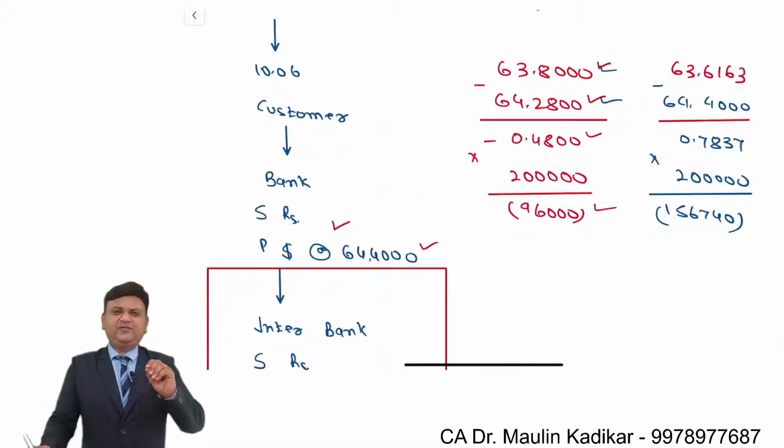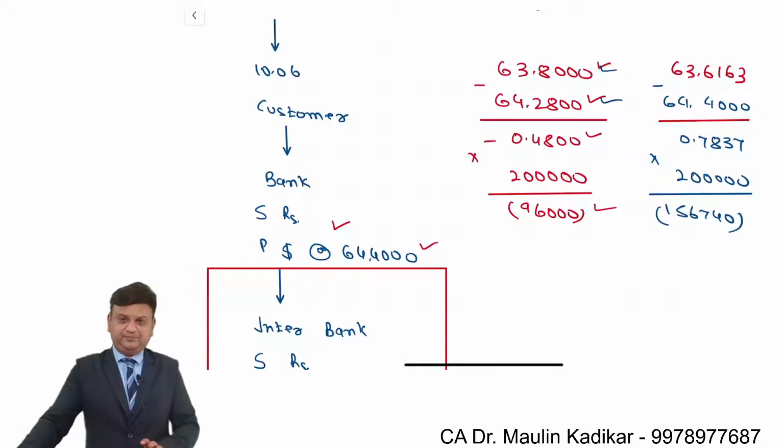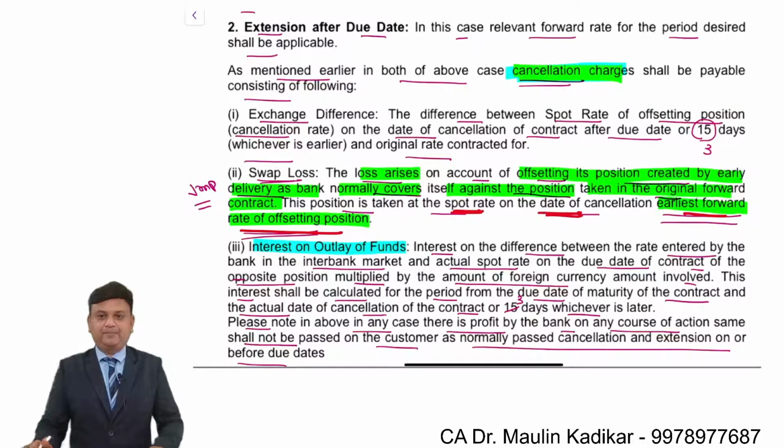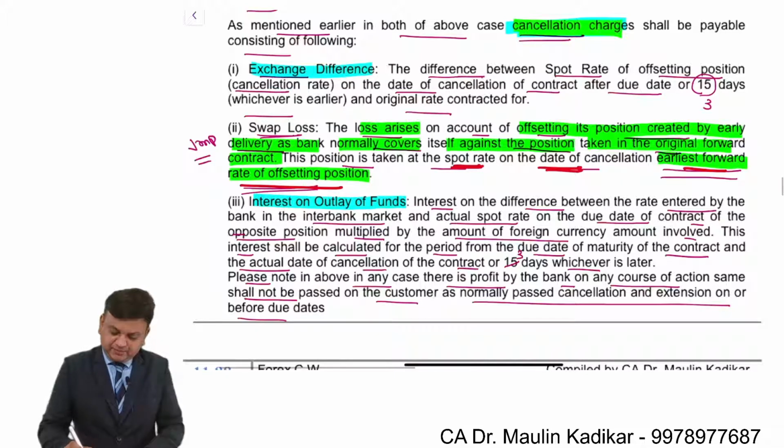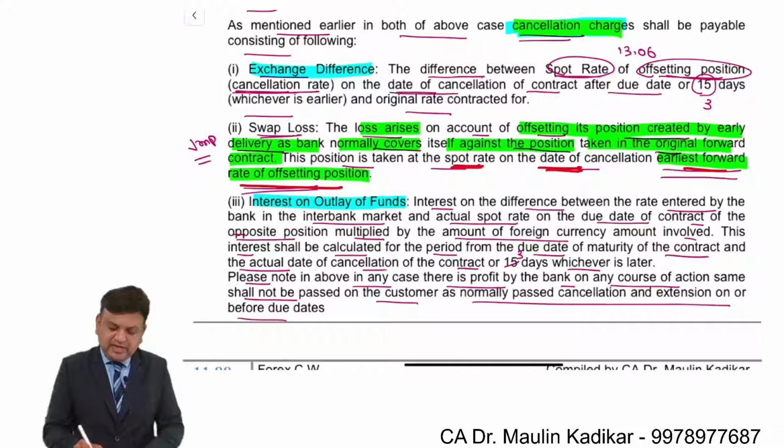In a way, the very first thing you have to do is cancel the original contract. So you can see over here, exchange difference. Read this content carefully. The difference between the spot rate of the offsetting position, that is the cancellation rate on 13th of June, on the date of cancellation of the contract after the due date or 3 days, whichever is earlier.